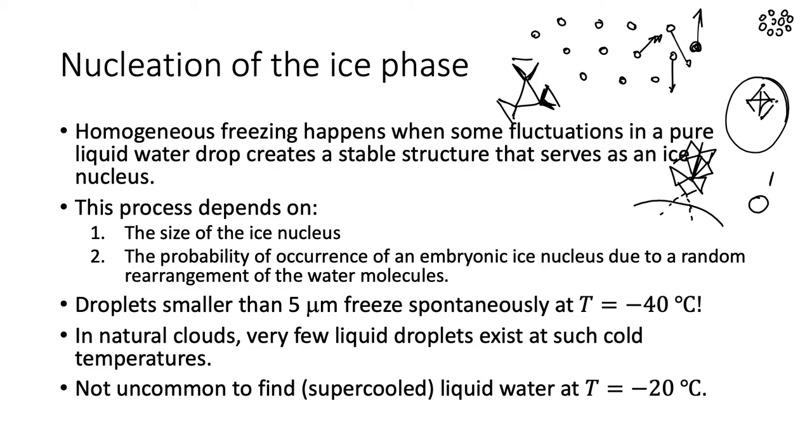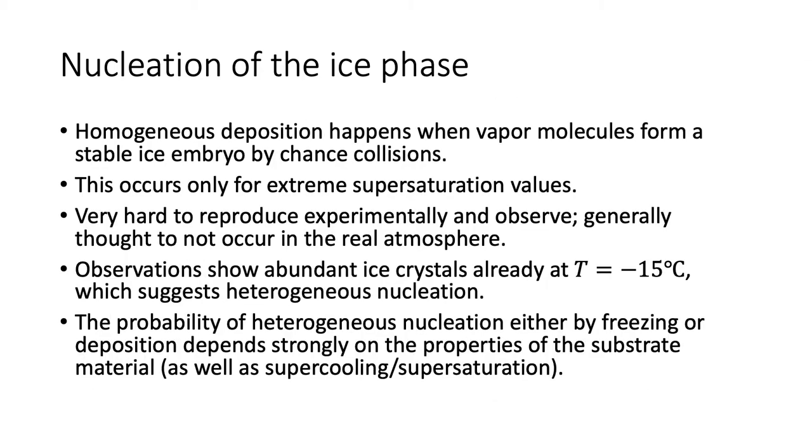Okay, so another way that you could have these ice crystals or ice particles form is by another process that we call deposition, or homogeneous deposition. And this happens not when liquid freezes, but when vapor molecules directly, as the name suggests, deposit on the ice crystal.